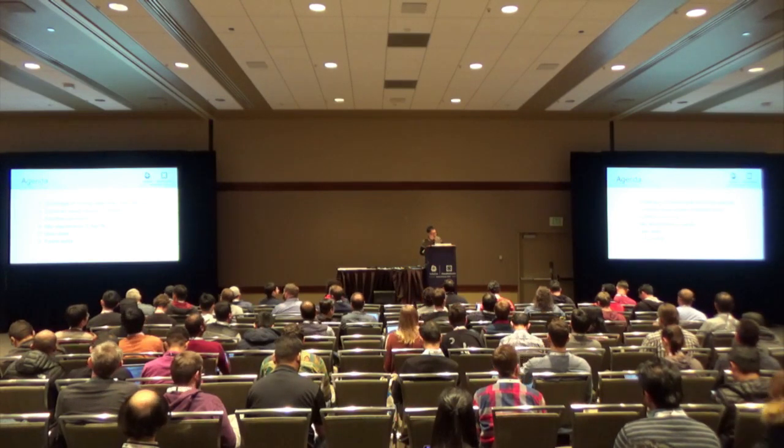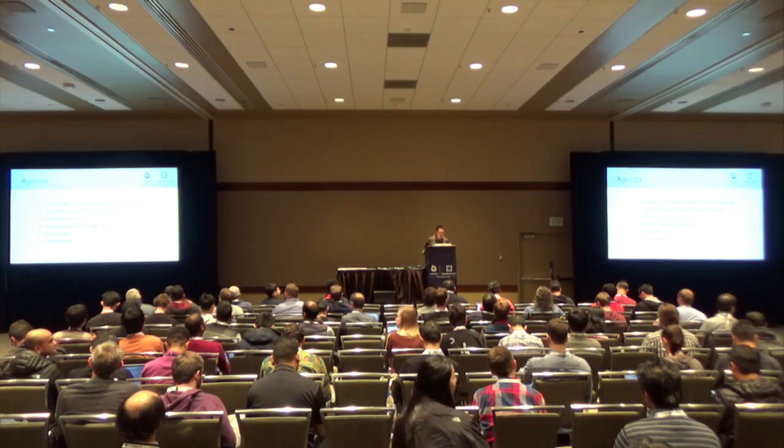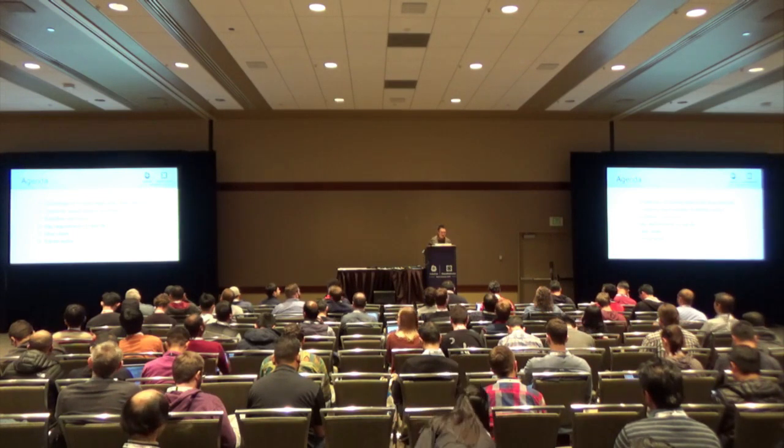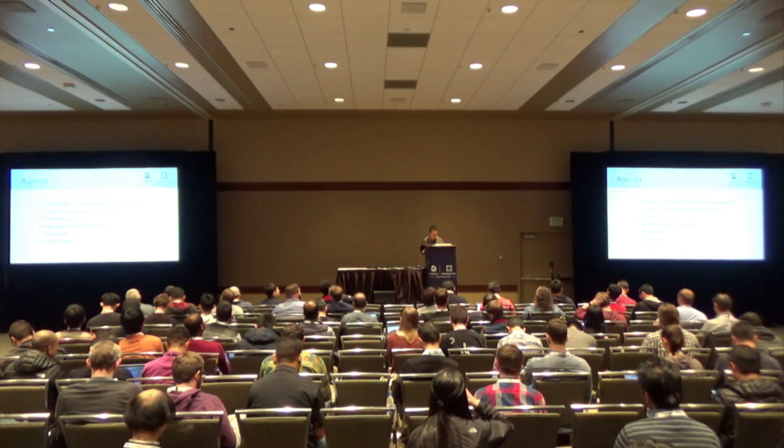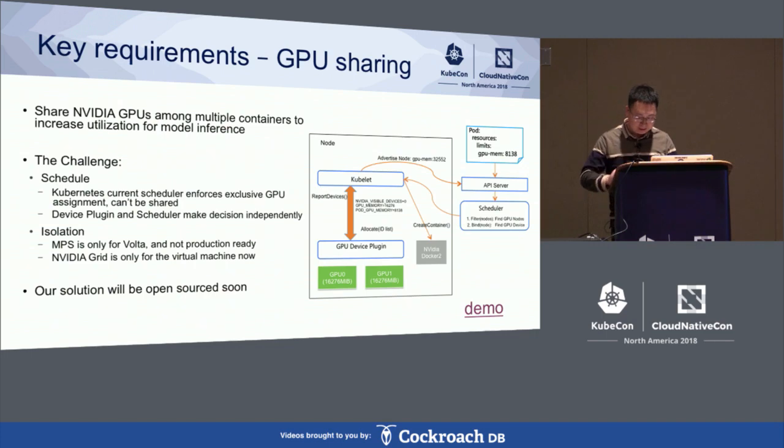Okay. Let's, after the demo of Arena, talk about some real customer requirements. The first requirement is for GPU sharing. Sharing NVIDIA GPUs among multiple pods and multiple containers to increase the utilization of the Kubernetes cluster is a real requirement, especially for big business organizations.